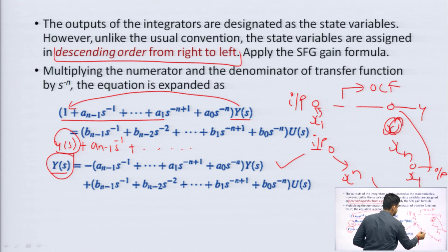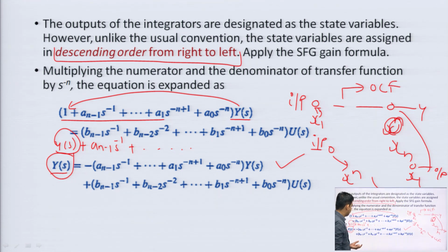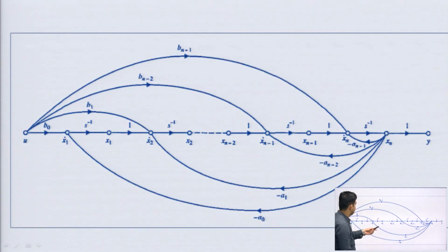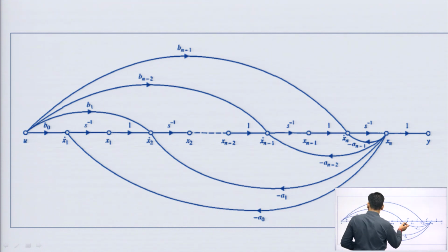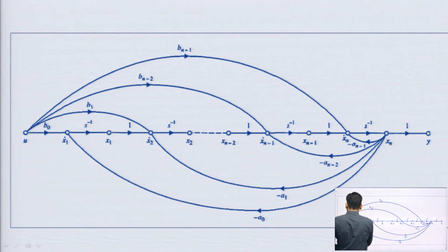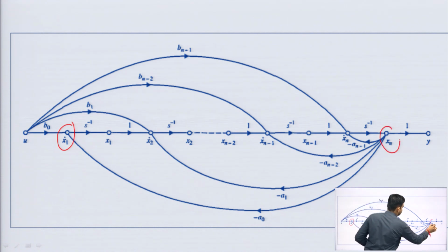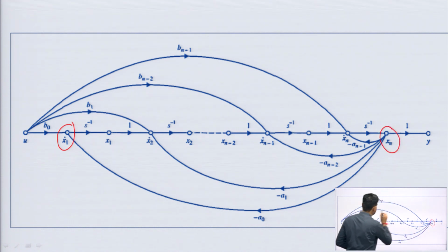I will show you how this happens. By writing this equation, we again need to draw the SFG for it. This SFG forms here; you can see that we have x 1 near the input and x n near the output y, and this is the diagram.